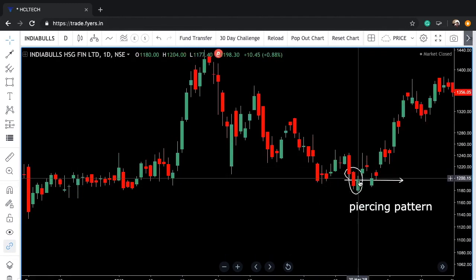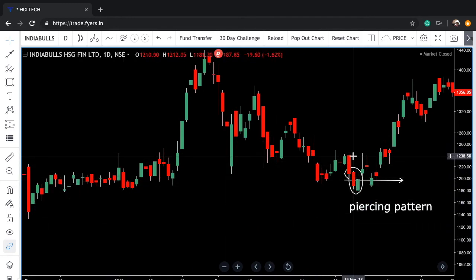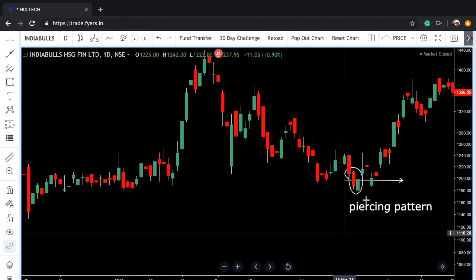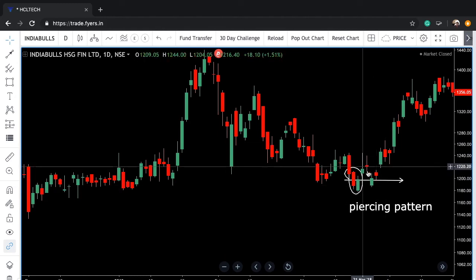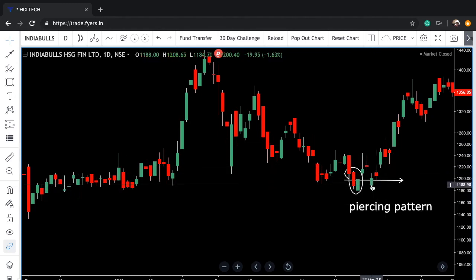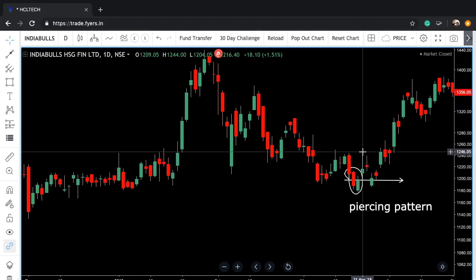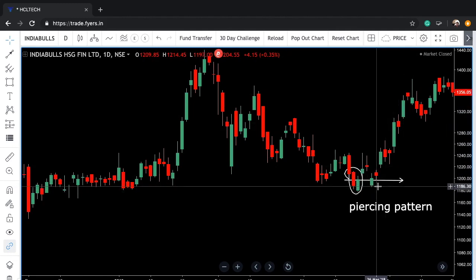A piercing pattern crossing the level on a support and resistance level becomes a very significant reversal view, and you can see the bullish behavior coming into play even when the price again fell down on the 23rd of March on India Bulls Housing Finance, and then the price starts moving up. Once the pattern is broken, it is holding that particular level very significantly, and the price never came back there.